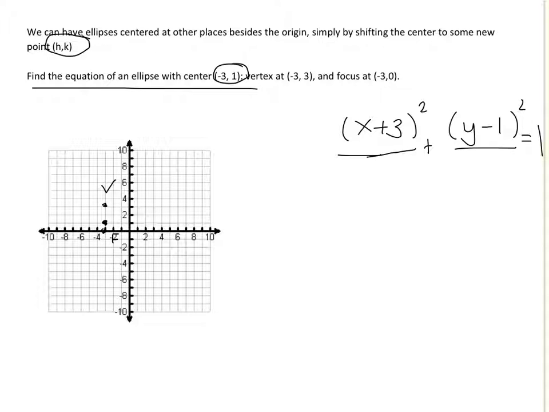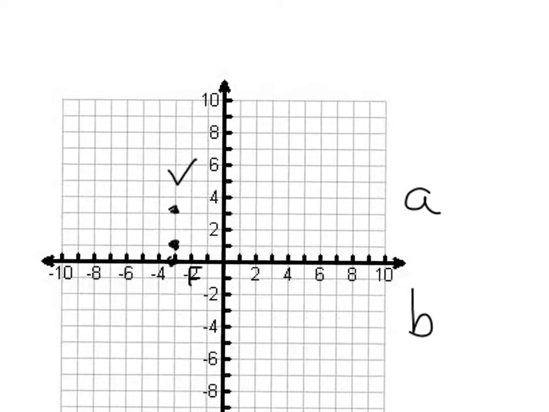So we've got our top: x plus 3 and y minus 1. Now we have to figure out what a and what b are. Because if you remember, down here is a squared and down here is b squared. Now a is the distance from the center to the vertex. So if you look here, center to the vertex is 2 units, so a is 2.